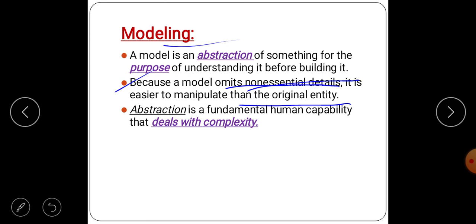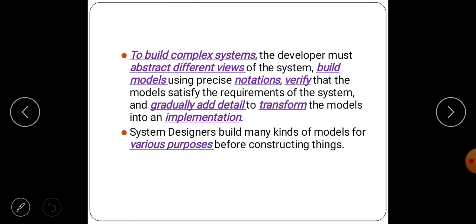Next, abstraction is a fundamental human capability that deals with complexity, okay? To build a complex system, the developer must abstract different views of the system.